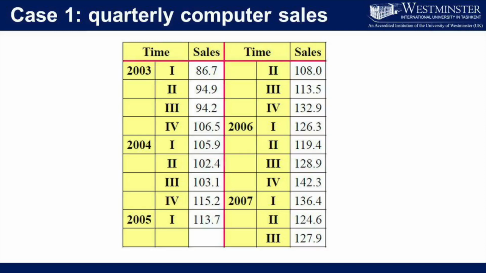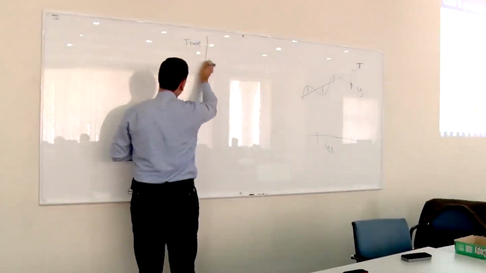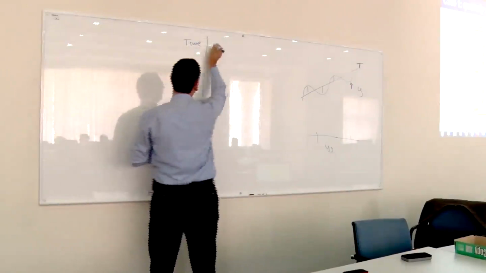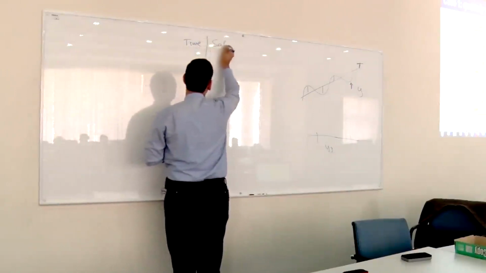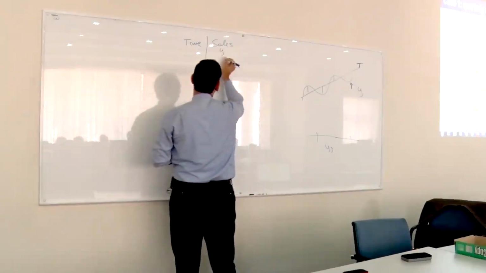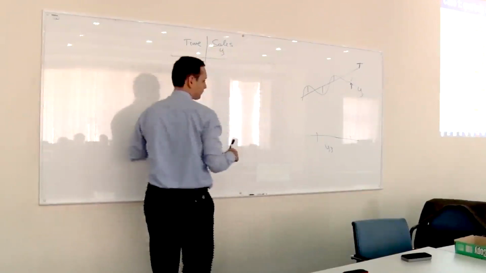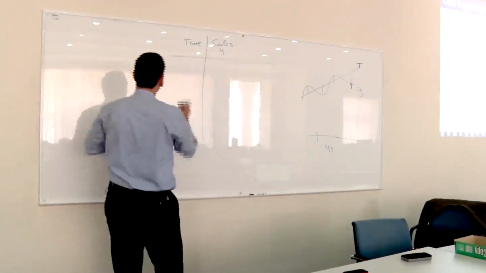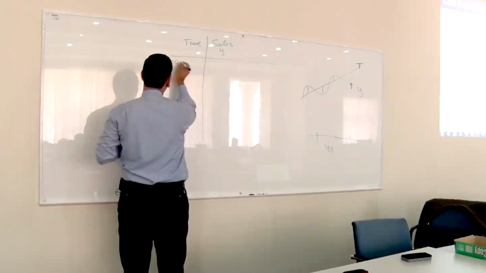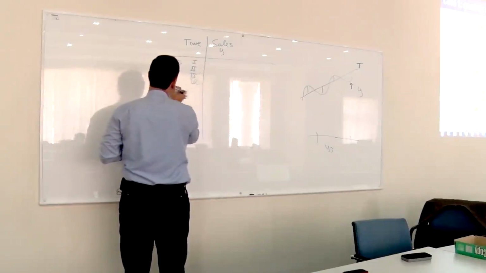The first thing you have here is the time. And the next thing is sales, or you also can call it Y, right? We have 2003, quarter 1, quarter 2, quarter 3, quarter 4.